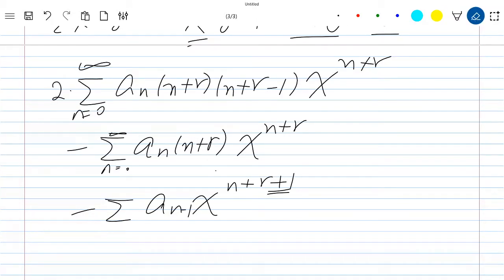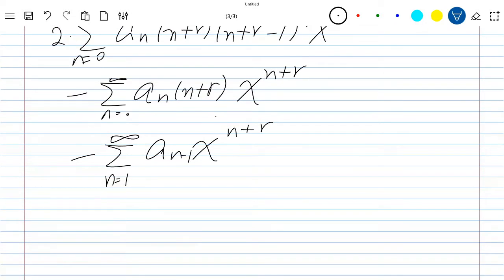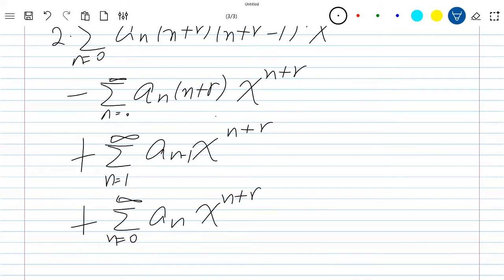So this is gone. And now n equals 1 to infinity because n minus 1 equals 0. And the last term is just the original, an x to the n plus r.